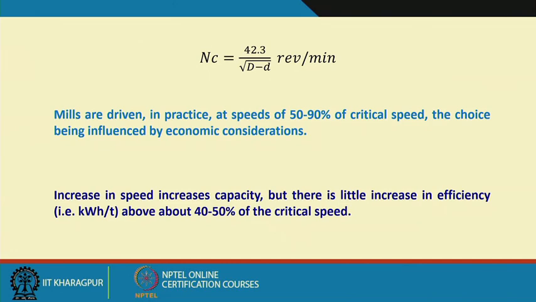Because what will happen if the mill is rotated too slowly? Although I will be generating much finer particles, as I had discussed already, because your cascading action or the abrasion will be much more dominant, your mill capacity depends on the rate at which the material will be discharged, and that depends on at what RPM my mill is moving.